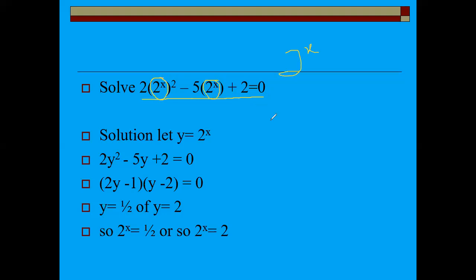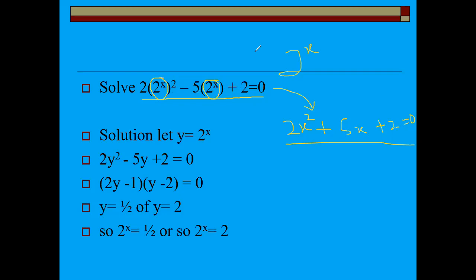If it was algebraic, then you could have had 2x squared plus, let's say, 5x plus 2 is equal to 0. Then I ask you to find x, but it is not algebraic. This time it is exponent, but it looks almost like this. It means that it is more or less in that form, right?